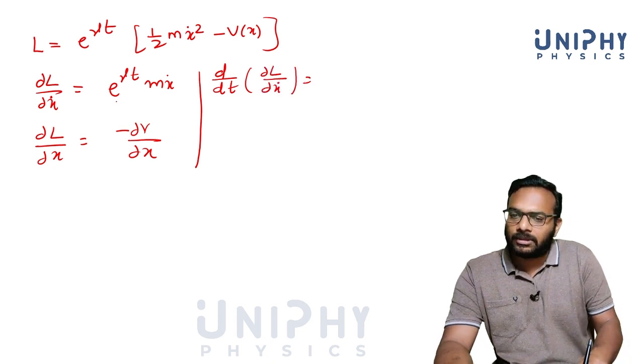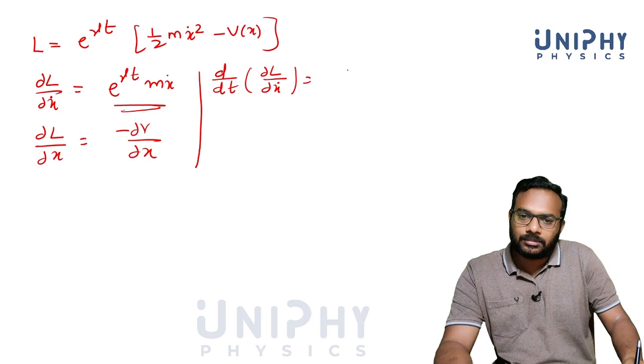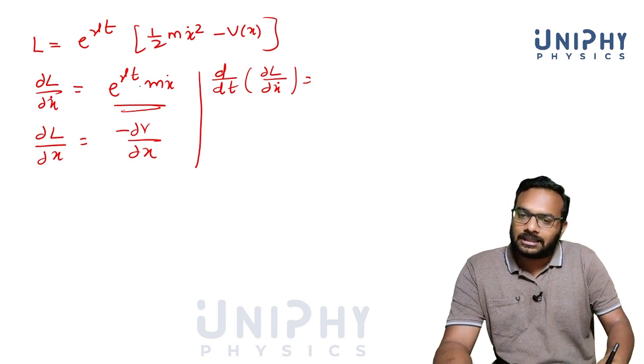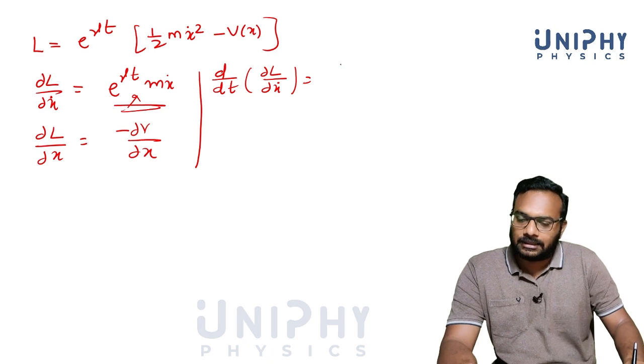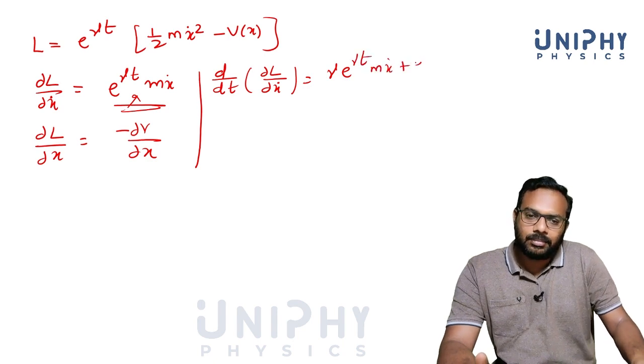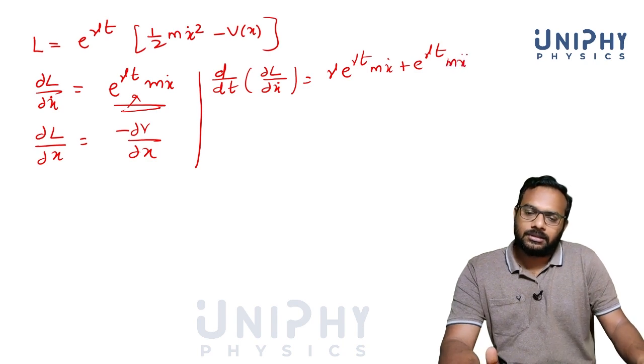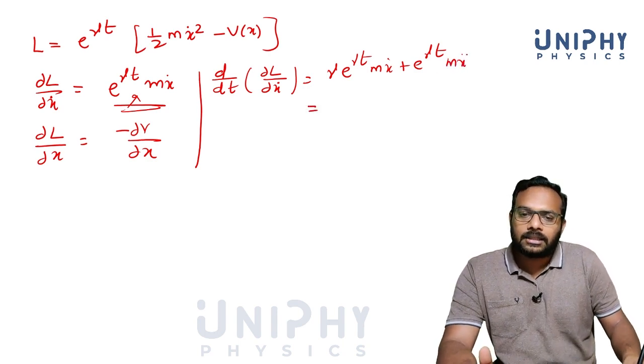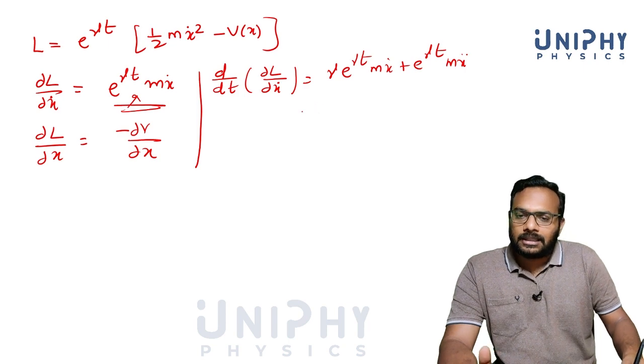Because there's a time appearing here, you have to use the product rule. That's the catch here. When you differentiate e raised to gamma t, it becomes gamma e raised to gamma t, and keep the second term unchanged, plus e raised to gamma t m x double dot.